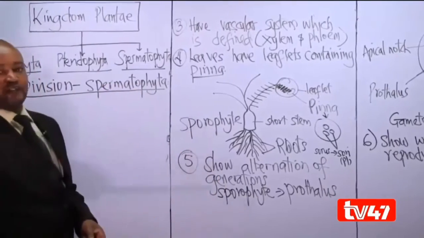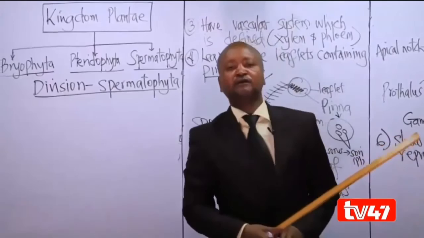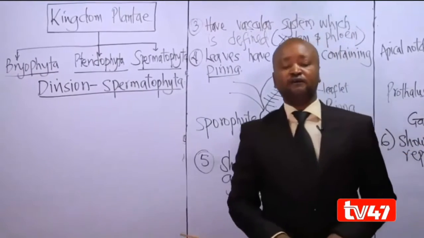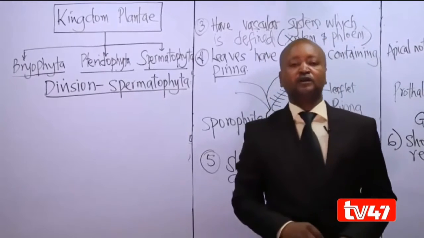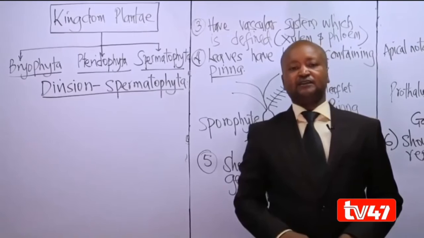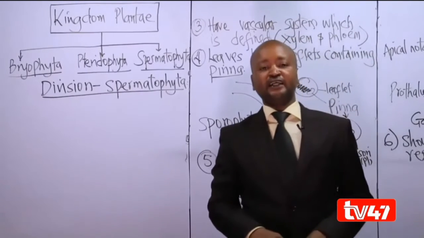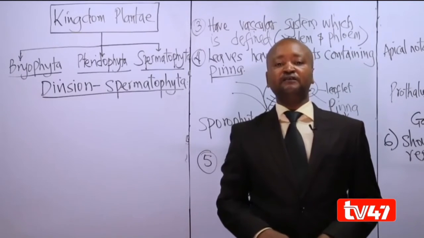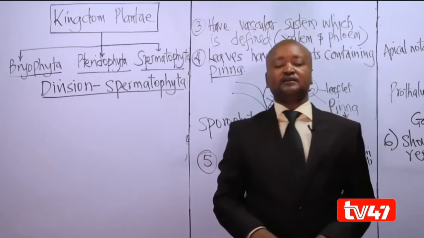Division Spermatophyta. This particular division has very developed members. Why do we say that they are very developed? Because a typical plant is supposed to have roots, stems, leaves, and seed-bearing structures.